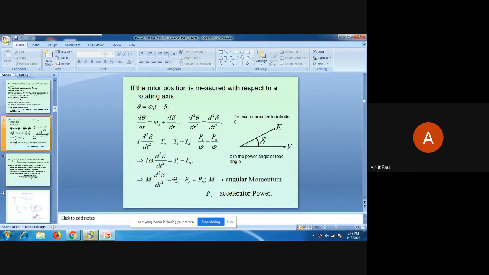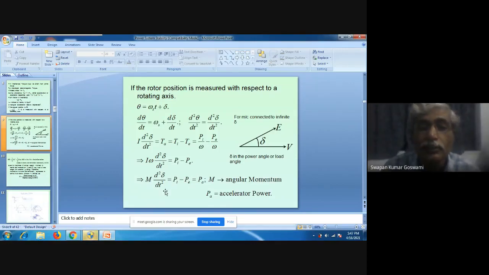Clear, sir. So now, as I already told you, how to analyze the stability problem: you have to solve this equation, because when a disturbance occurs, an accelerating power will be created. Maybe the input power will be greater than the output power, or less than the output power. That means Pa will be either positive or negative.